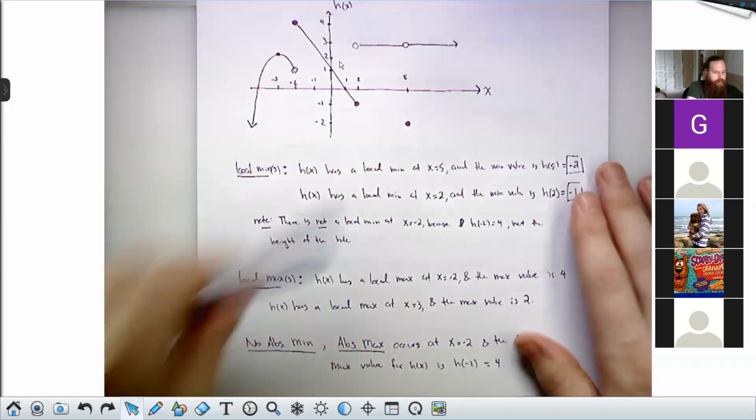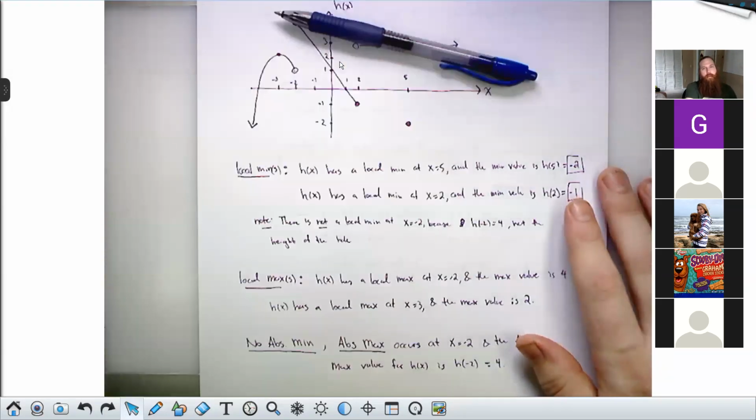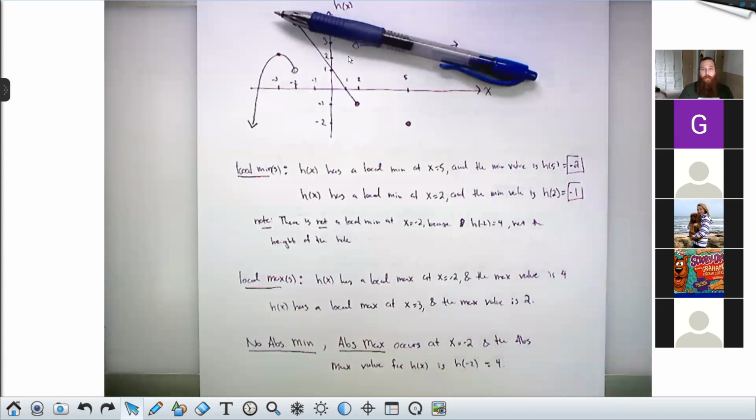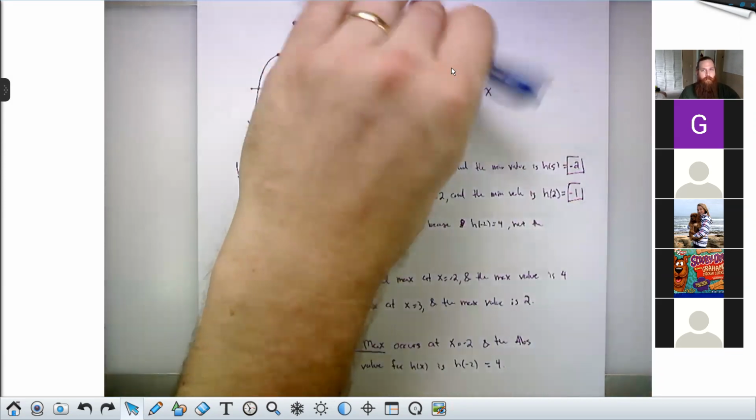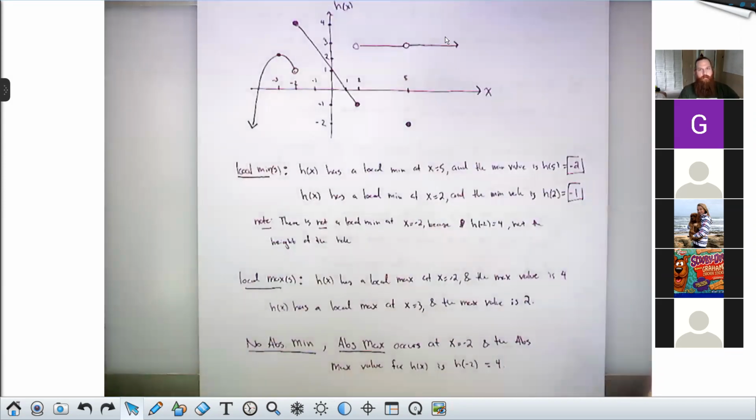If this guy was slanted down rather than up, and he was filled in at the ends, then those ends would represent extrema, yes. But as it is, he continues off forever and ever like this. So if he was tilted down, there still wouldn't be any min associated with him because he would continue down like that forever. But if he was slanted down and this point was filled in, then we would have a max there. Does that answer your question?